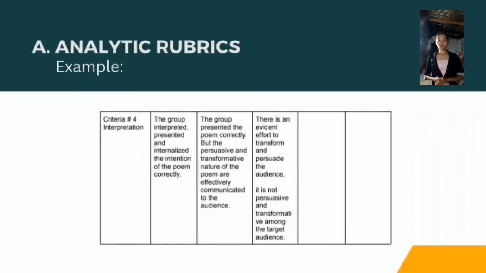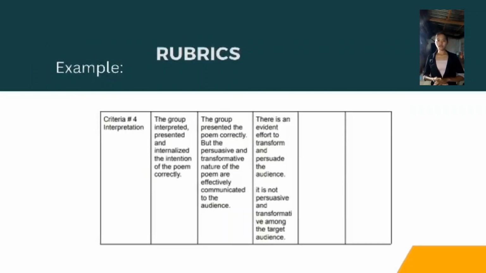Needs improvement is equivalent to 1 point, satisfactory is equivalent to 2 points, very satisfactory is equivalent to 3 points, and the last one, excellent, is equivalent to 5 points. As you can notice, the rating scale for performance level starts from the highest quality of performance to the lowest quality of work, or it might be vice versa.